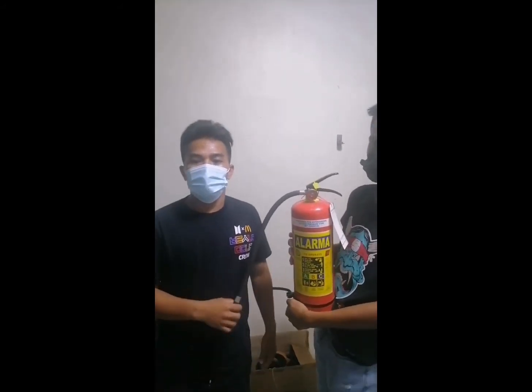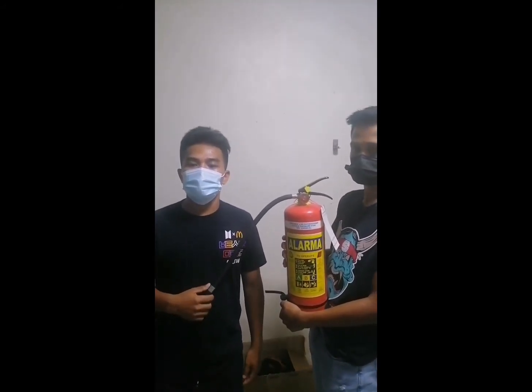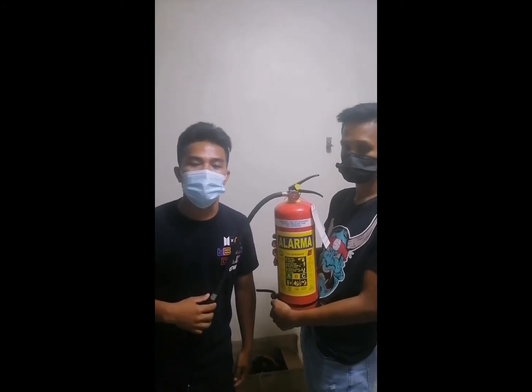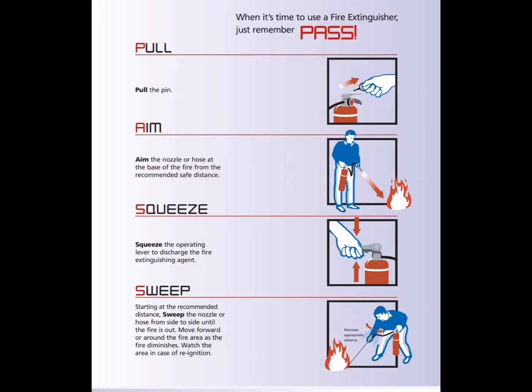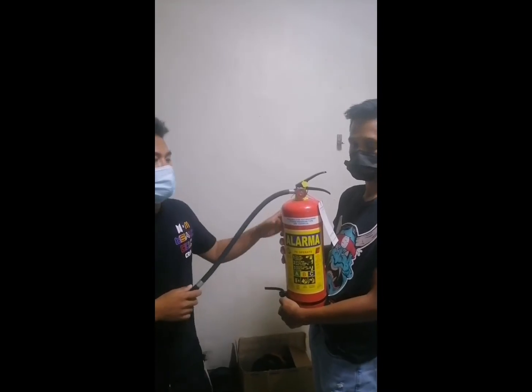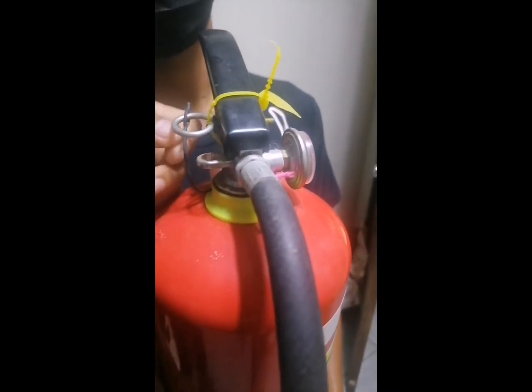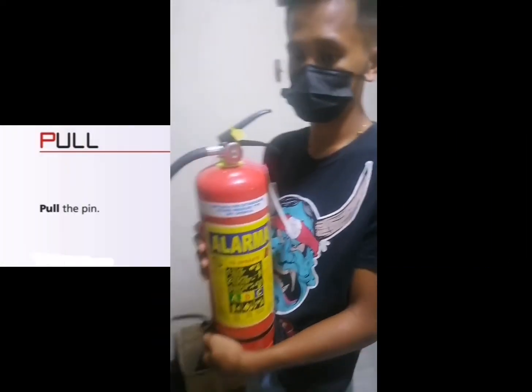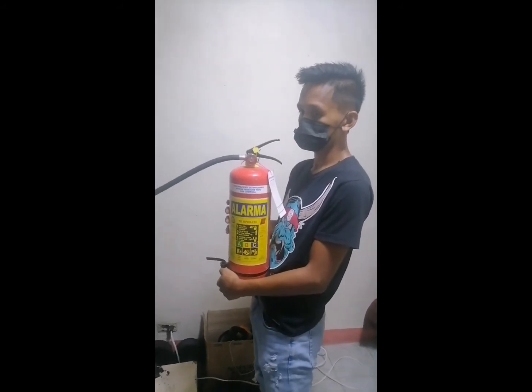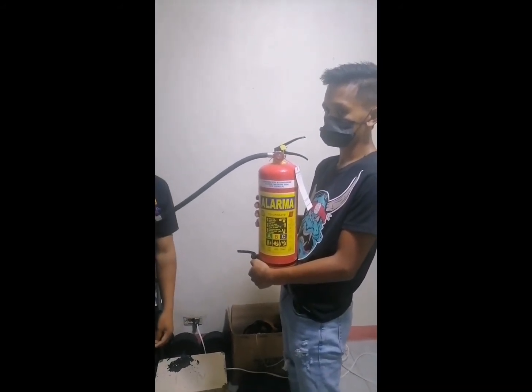So to use a fire extinguisher, just remember the word PASS. So P, pull the pin, right there, pull the pin, then aim the nozzle where the fire is located.